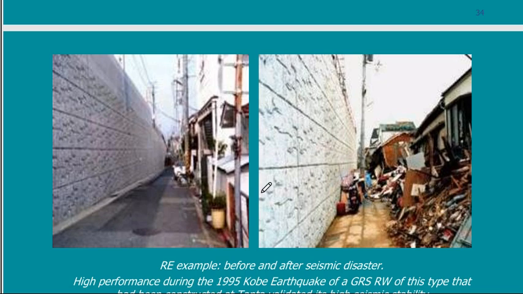So why? Because our wall is flexible, but buildings are stiff. So these stiff buildings, once they reach a damaging load, they collapse. But something that is flexible will move with the earthquake and return back to place.